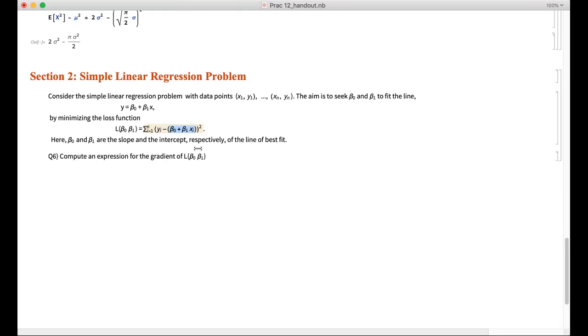In this case, the first question I've asked is to compute an expression for the gradient of the loss function. How would you compute this? Yeah, you would use partial derivatives here. Could you try to compute it, and let me know what is the derivative with respect to beta 1 and beta 0?